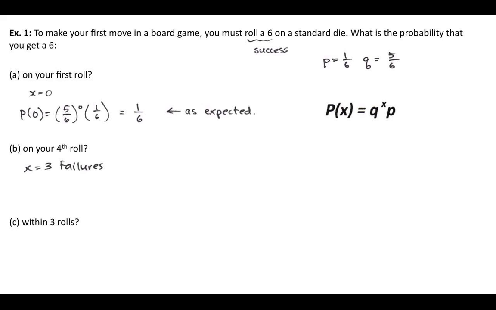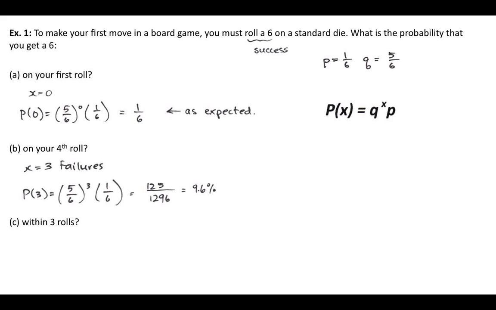So here x is equal to 3. So P of 3 is 5/6 to the power of 3 times the probability of success. Fail, fail, fail, succeed. That's 125 over 1296, so the probability of succeeding on your 4th roll is about 9.6%.